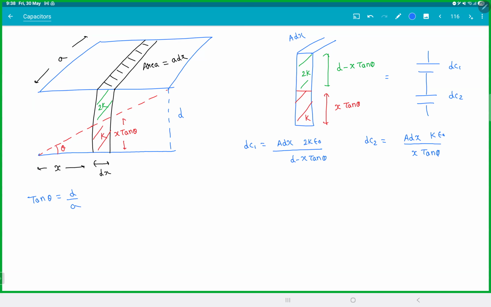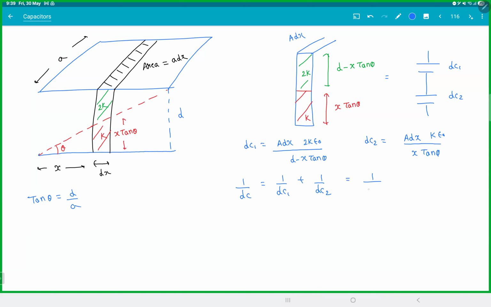Yes Aditya, in your answer if you put K1 equal to K2, it doesn't give 0, it gives infinity or something. If K1 is equal to K2, I should get back A epsilon by d into K, right? So these two are in series. So 1 by dC equivalent will be 1 by dC1 plus 1 by dC2. There, you have to reverse them and keep them.